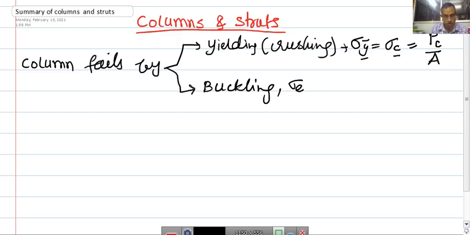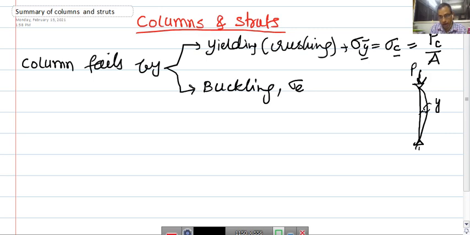But when it comes to buckling, it is an unstable phenomenon. That means if a column is something like this, when you continue applying load at this one particular point, suddenly you see a lateral deformation take place.